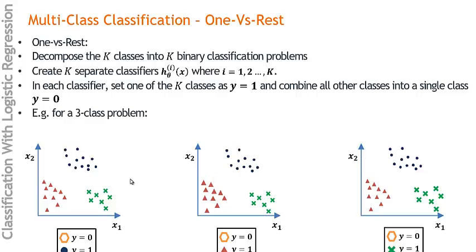In the first classifier, we're going to take this class to be y equals 1. That means we're trying to separate this class from all the other classes. Now you can see that a separation would be something like this.